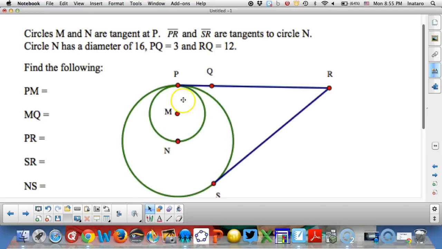Segments PR and SR are tangent to circle N. Circle N has a diameter of 16, which means its radius is going to be 8. PQ has a length of 3. And RQ has a length of 12. Pause the video for a moment and find these segments.